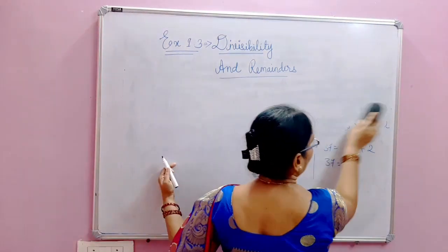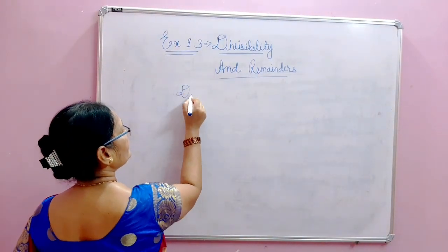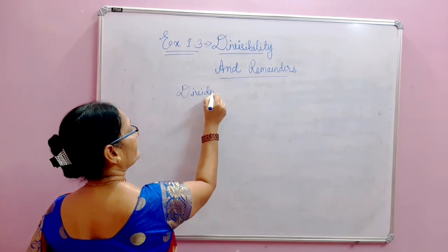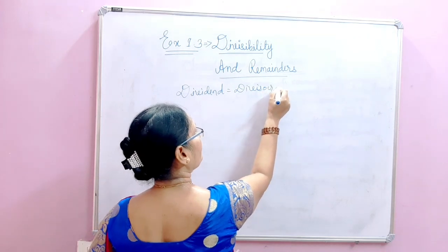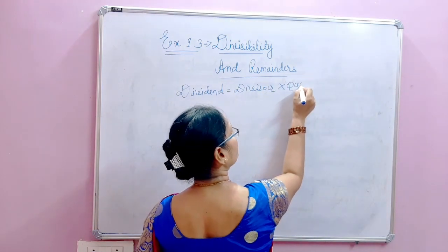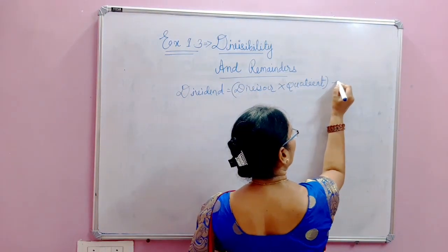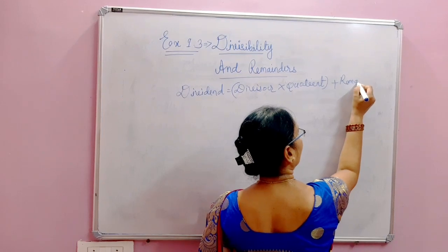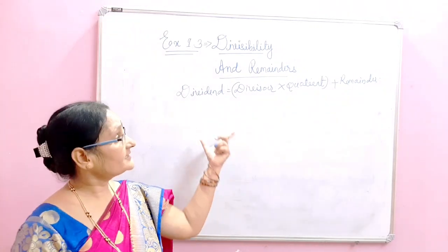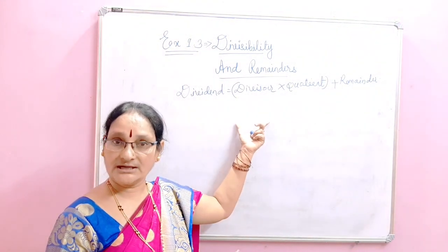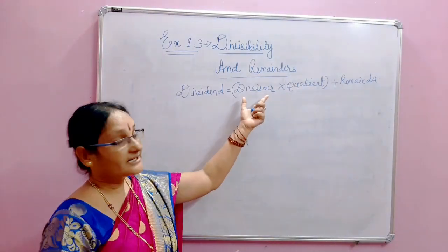What you have learnt in the smaller classes: dividend is equal to divisor into quotient plus remainder. This is the concept. In this, what we have learnt now is that always the remainder will be smaller than the divisor.